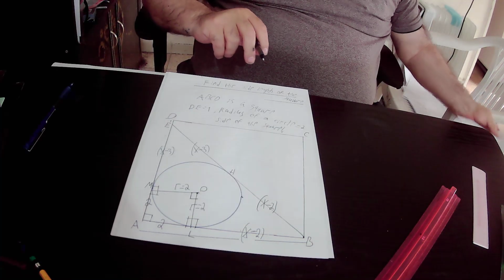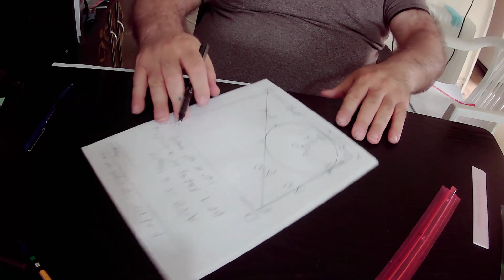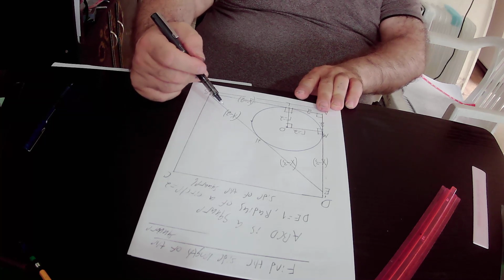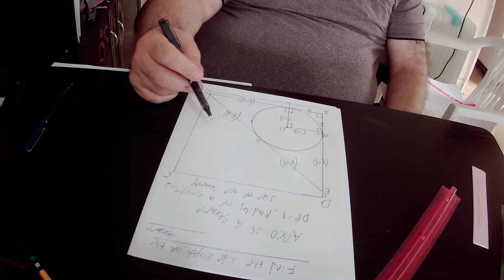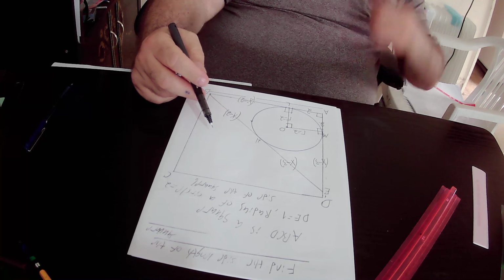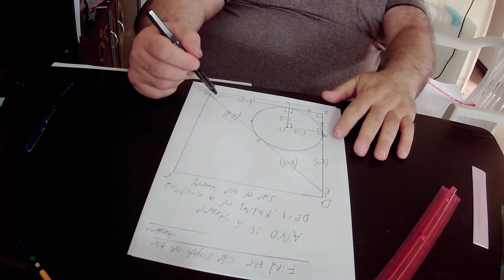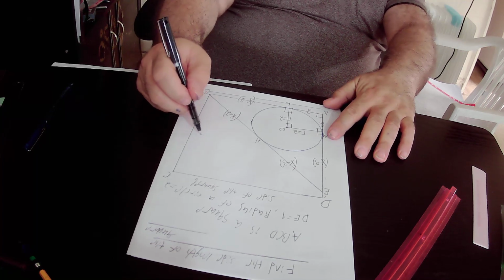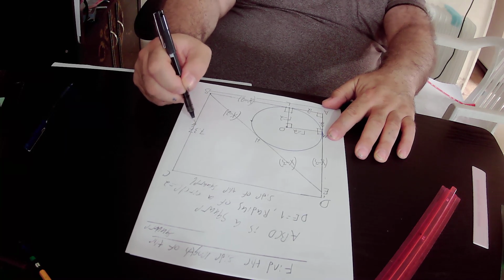I repeat the answer. One side of square ABCD is equal to 9 plus the square root of 33, over 2, or in terms of numbers, x equals 7.37 units.